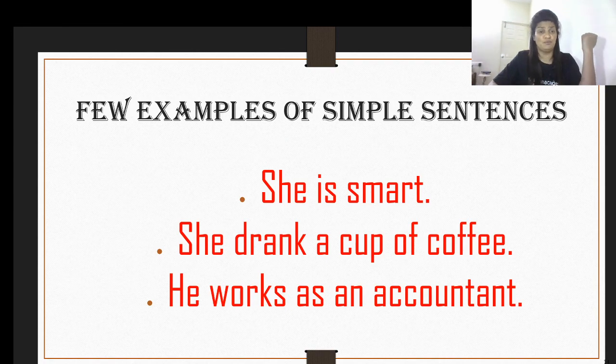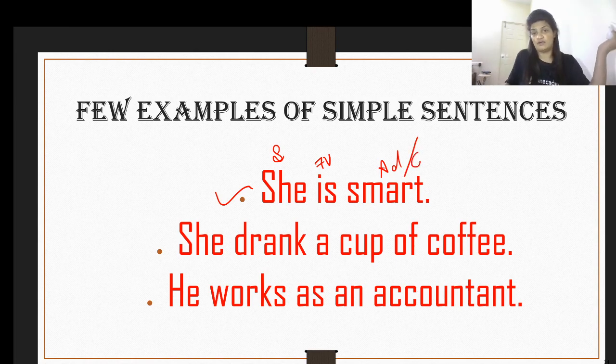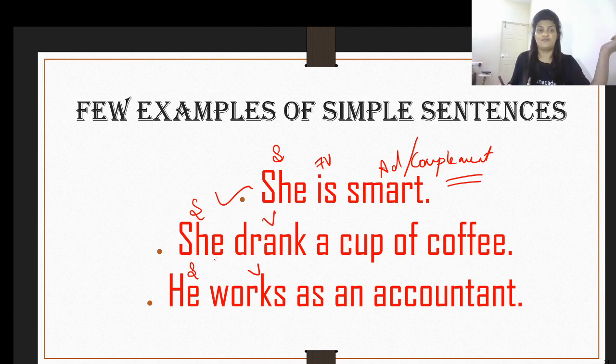Let me give you a few more examples concerning these simple, compound, and complex sentences. Well, the first one is she is smart. She is your subject, is your finite verb, and this is your adjective, or we can also call it a complement. Complement is a word that completes the statement. So here she is your subject, drank is your verb, and he is your subject, and works is your verb. So she is smart. She drank a cup of coffee.